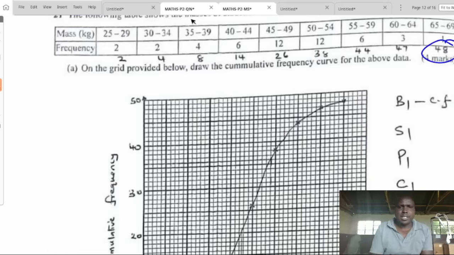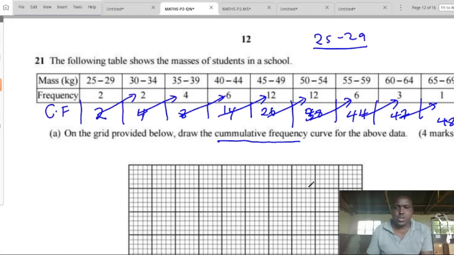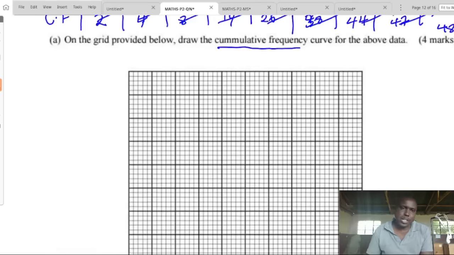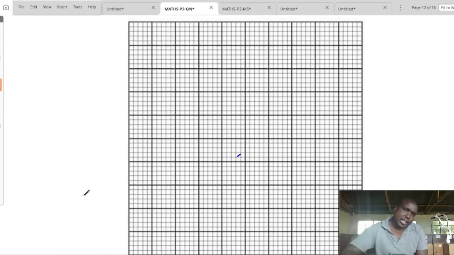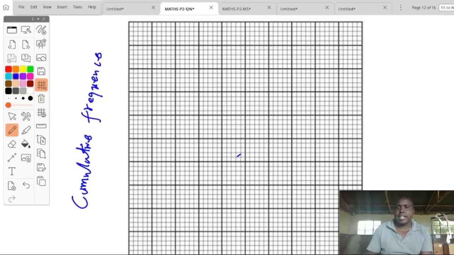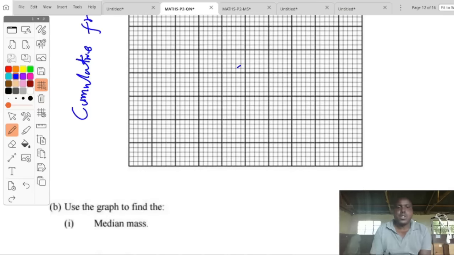Now, once you have the CF, you need to draw the graph of CF against the class. Here you write cumulative frequency. That is our y-axis, and then the x-axis. You start here because we are going to start with 0.